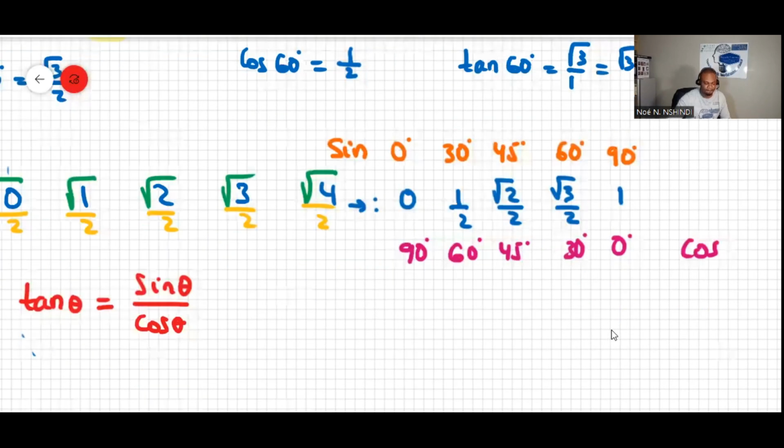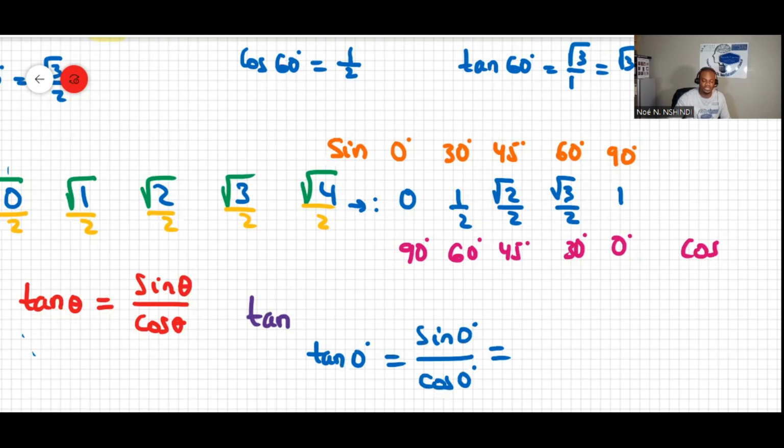Let's start. If I want tan of 0 degrees, I'll say sine of 0 degrees over cos of 0 degrees, and this will be 0 over 1, because sine of 0 degrees is 0 and cos of 0 degrees is 1.